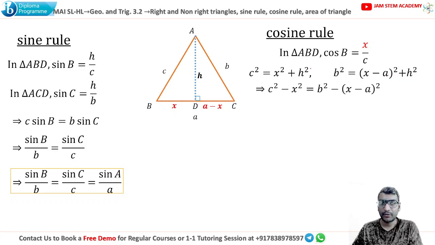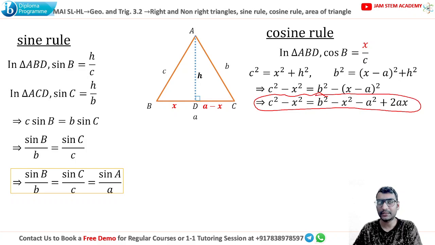Now from these two relations, equate h squared. Find the h squared value from here and here, just equate them. You will get another relation, c squared minus x squared equals b squared minus (x minus a) whole squared. Now use this relation and solve for x. You will end up getting some value of x.